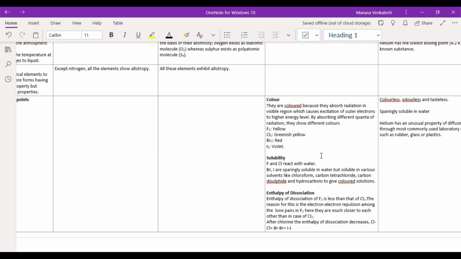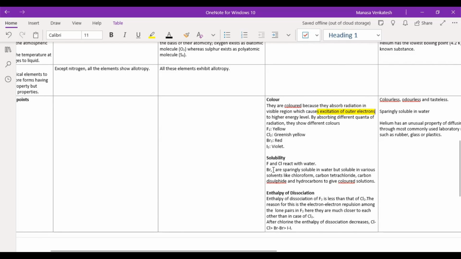Because of this excitation of electrons, you have a variation in color. Fluorine is a yellow colored substance. Chlorine, on the other hand, is greenish yellow. Bromine is red. Iodine is violet. So you have a variation in color because of the excitation of electrons, which is why they are colored.